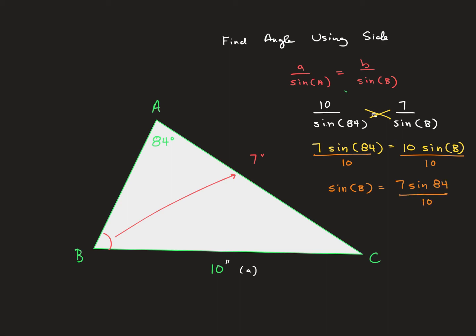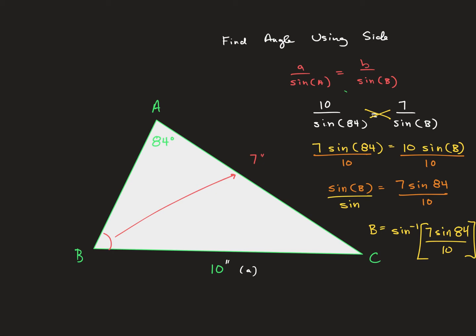Now, if I want to use the inverse, it's hard to calculate by dividing by sine. What you need to do is set it up where B is equal to the inverse sine, sine -1, of 7 sine 84 over 10. And this is how we get our angle B.